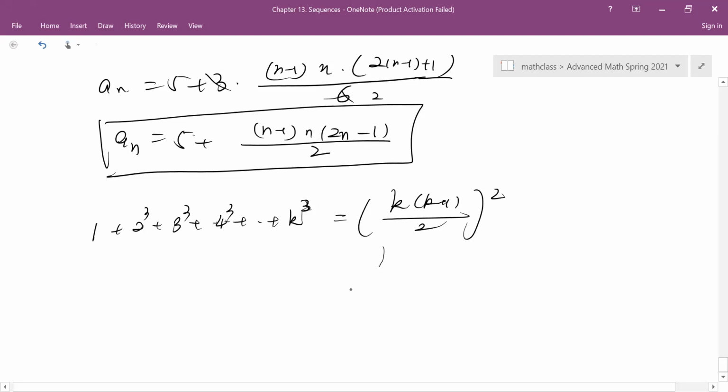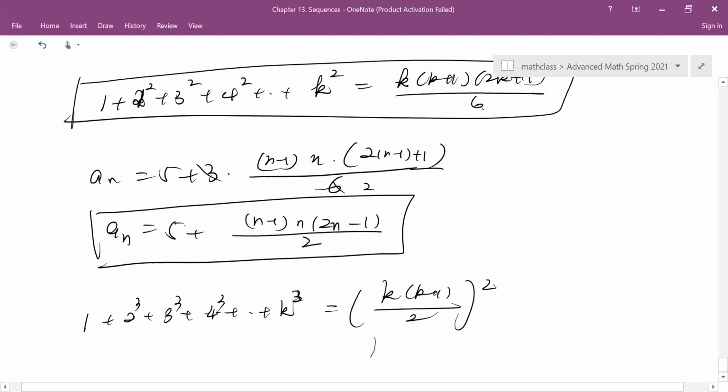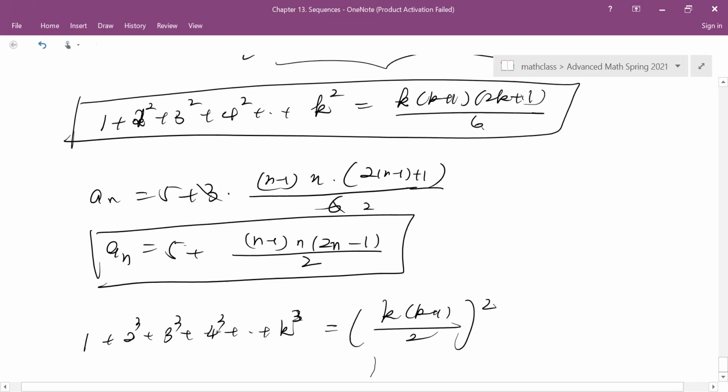So this is a formula we also use sometimes. But right now we use the formula above, 1 plus 2 squared plus 3 squared. The sum of the first perfect squares can be combined into one fraction. Using that you can get the nth term. Once you get the nth term, you can get the general answer. When n equals 2021, just plug 2021 for n into this expression.